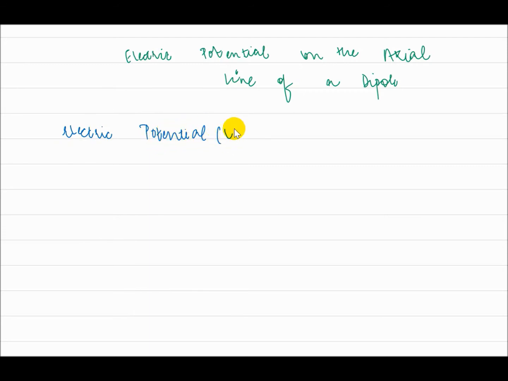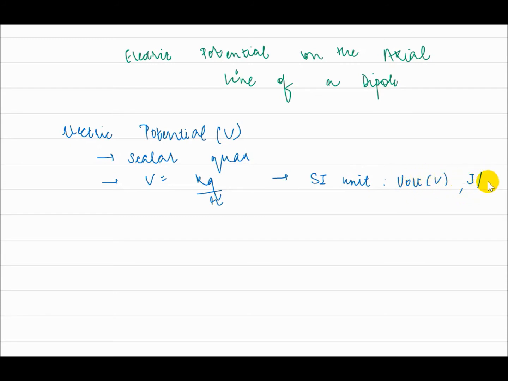It is depicted by the symbol V. It is a scalar quantity. V is equal to kq by r. The SI unit for the same is volt, V, or joule per coulomb.